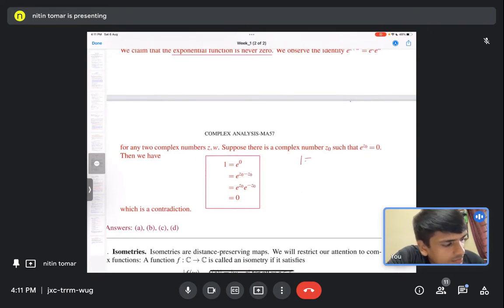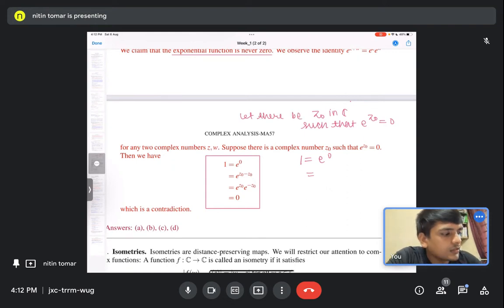You can write 1 as e power 0, right? Let there be z naught in C such that e power z naught is 0.